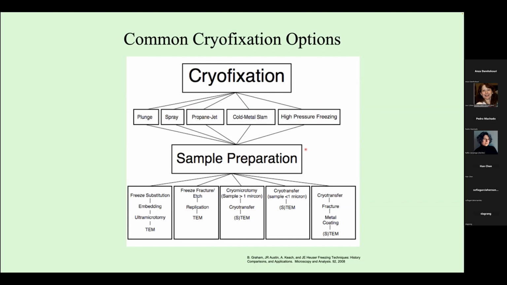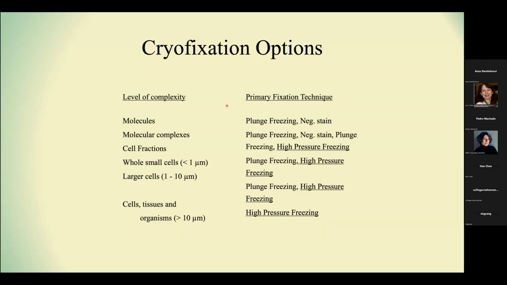And once you get it frozen, there's a number of paths you can take. We heard today about freeze fracture. I'm going to talk a little bit about getting into the TEM. We now have cryo ET. So cryofixation is the way to go. How do you choose between all these cryofixation options? We heard a little bit in the previous one. Essentially, it's about cell thickness or sample thickness.